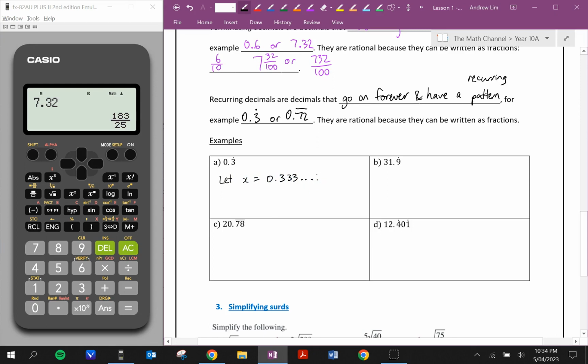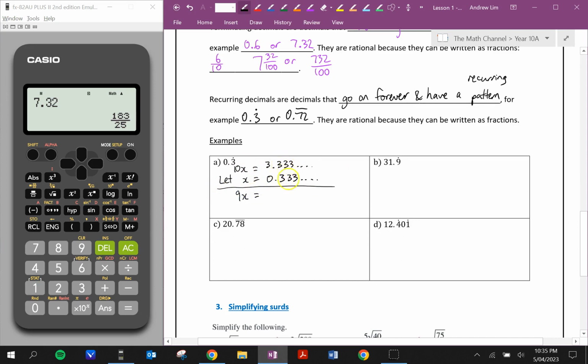So what I'm going to do is multiply this by 10. When I multiply this by 10, I'll get 10x, and 3.333 forever. So what I can do now is subtract these two lines. 10x minus x is 9x.